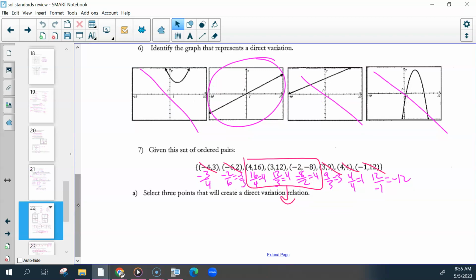7, part A, the 3 points that would create a direct variation equation are 4, 16, 3, 12, negative 2, negative 8. So if you want to write the math underneath, you can.